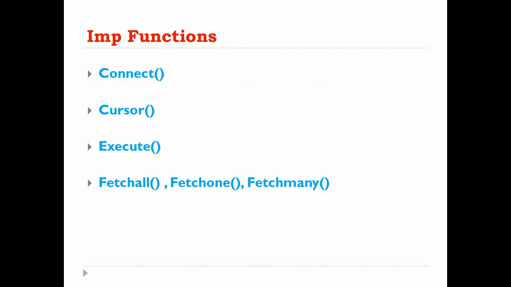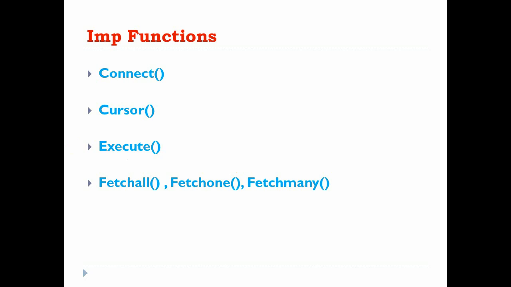Next, by using the cursor function you can create the cursor object. Using that object you can execute the MySQL commands. After executing the commands, the results will be stored in the result set object. Those results will be retrieved by using these fetch functions: fetchall, fetchone, fetchmany.